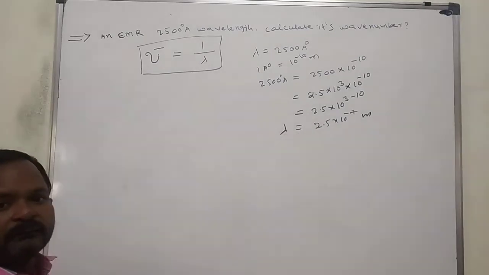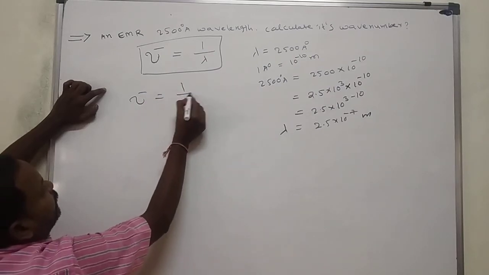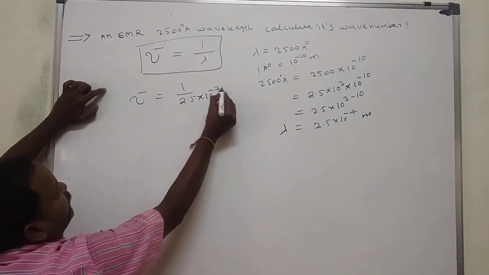Then substitute: nu bar is equal to 1 by 2.5 into 10 to the power of minus 7.